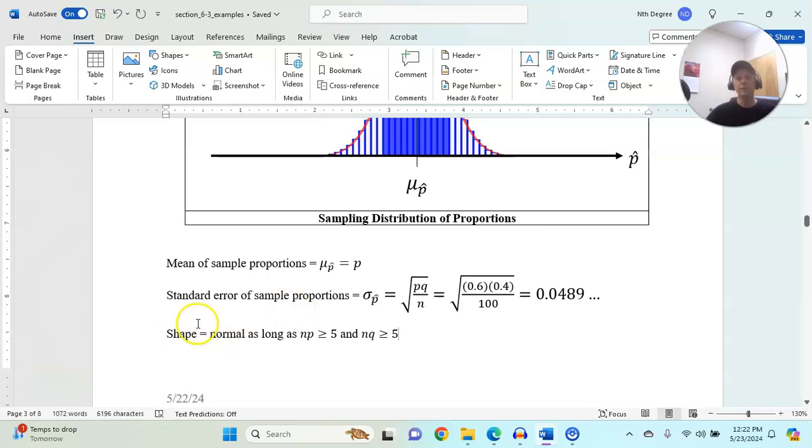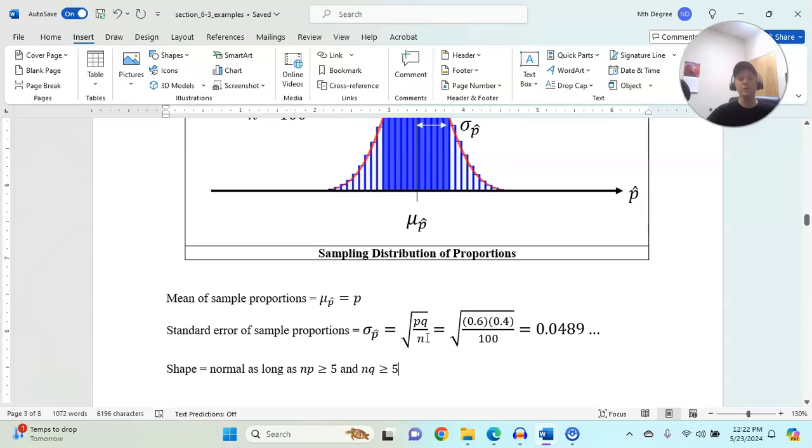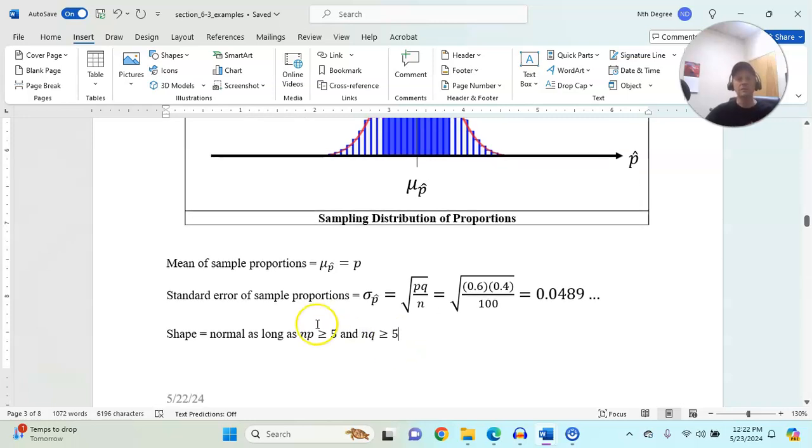Finally, what is the shape of this curve? The answer is it'll be a normal distribution. Surprise, surprise. As long as the following conditions are met. N times P must be at least 5. What NP represents, by the way, is your expected number of successes. So in our example, we threw 100 darts. Each one had a 60% probability of success. 60% of 100 is 60.